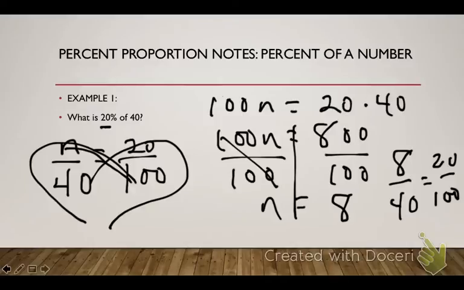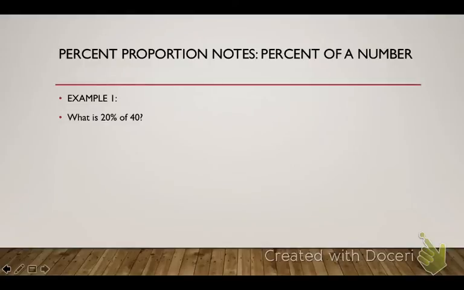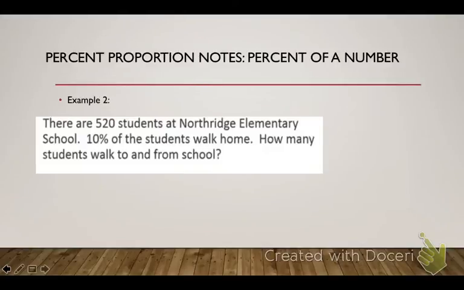So if I look at this part right here, I've created a proportion, because 8 times 100 is 800, and 20 times 40 is 800. So 20% of 40 is 8. Let's move on to example 2.